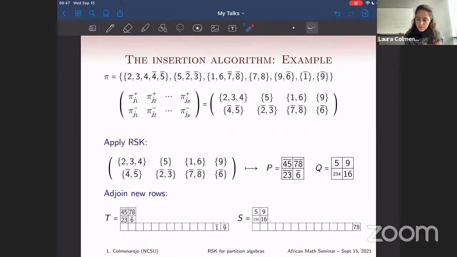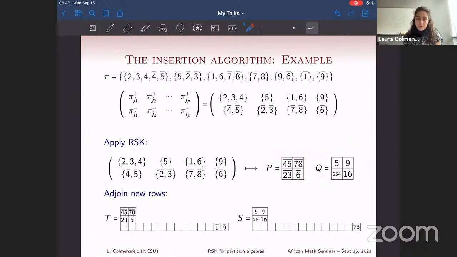So these three and this one are all the propagating blocks, and I just put them in order. If you look at them, 4 is smaller than 5, is smaller than 6, is smaller than 9. So that's what I meant by the last letter order. I just look at the largest letter and I order by it. And then I can apply the regular RSK. When I do, I get these two tableaux.